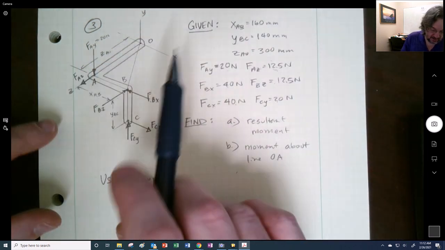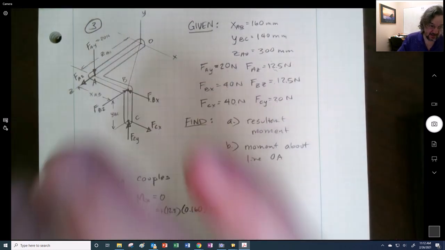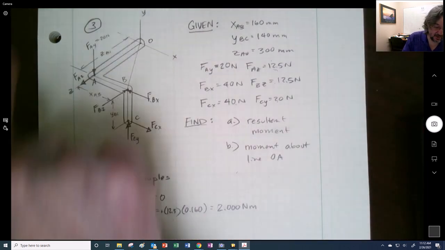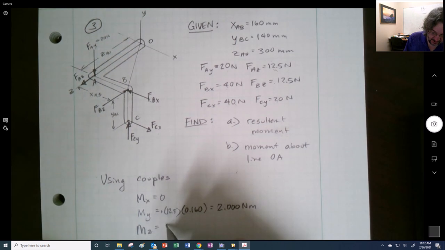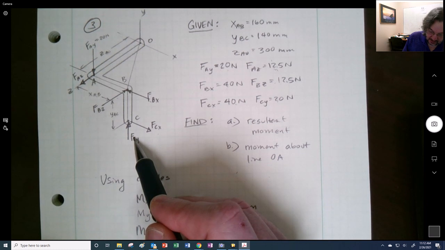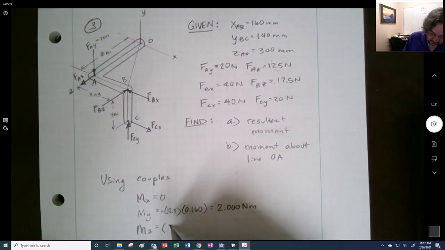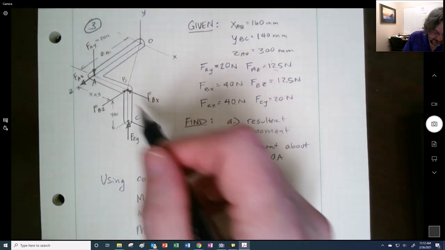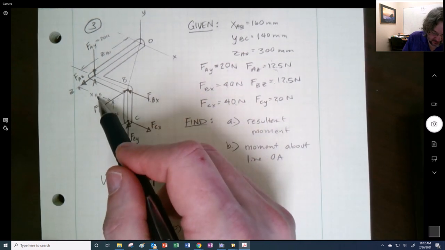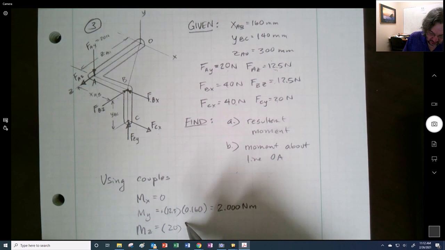They go about the Z, and they are going counterclockwise, right? So that's trying to make it come around this way right here. This is the one I just said, right? Yeah, the 20. And that distance is also XAB. All right, so that is going to be the 0.16.